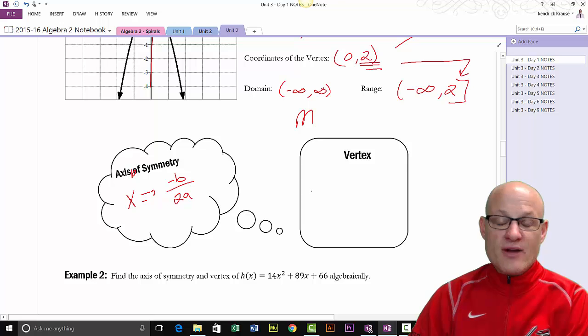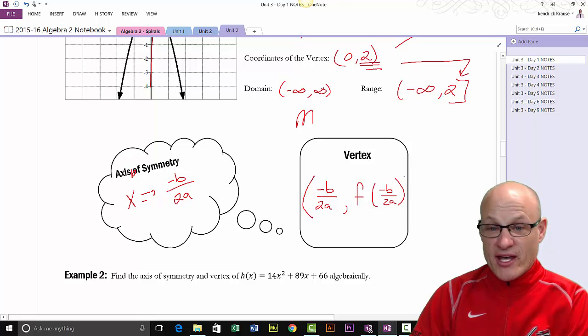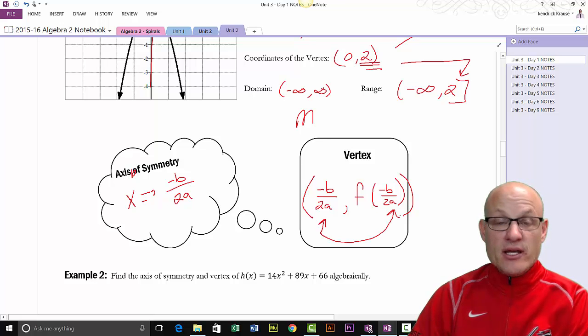So when we're trying to figure out what the vertex is, the x value will be negative b over 2a, and the y value will be f of negative b over 2a, which is just to say that you take the axis of symmetry and plug it in to find the y value of the vertex.